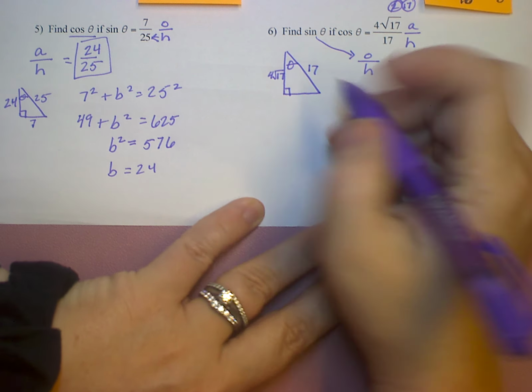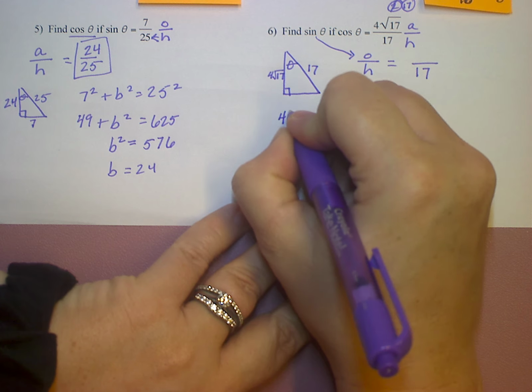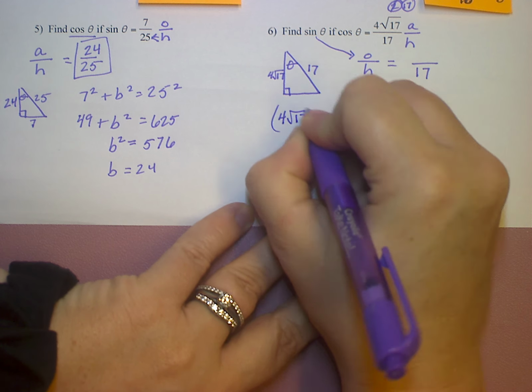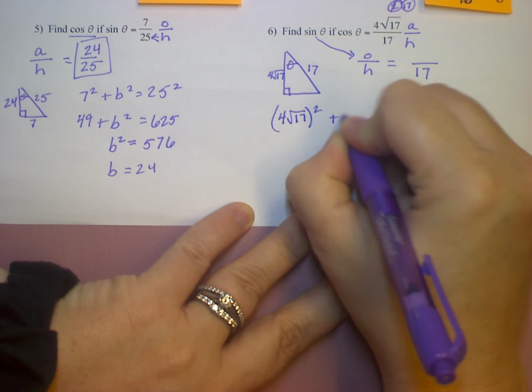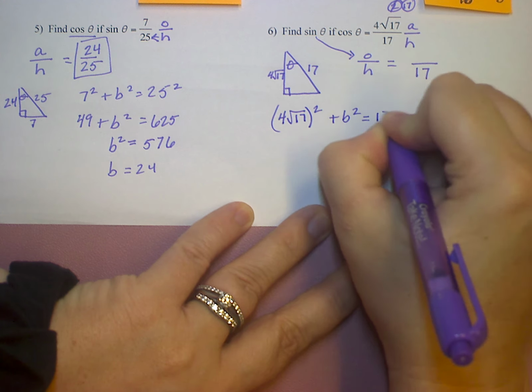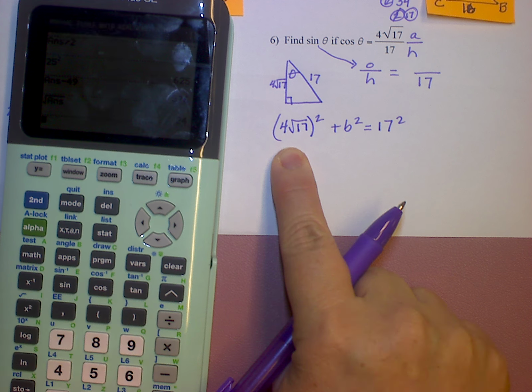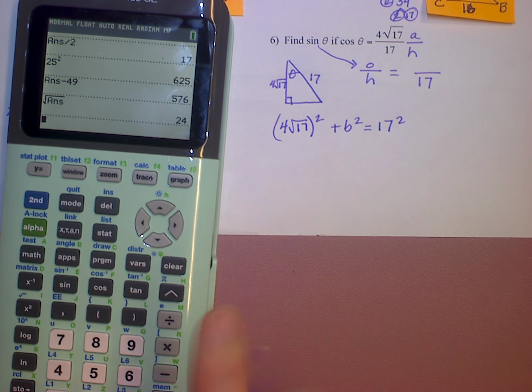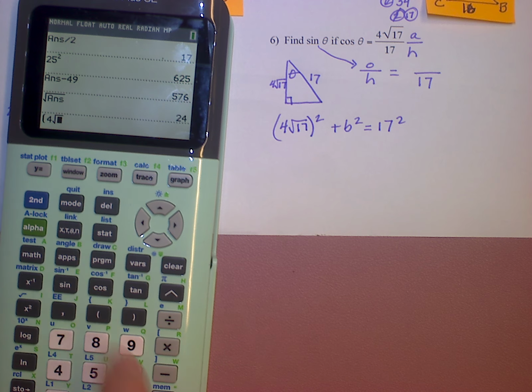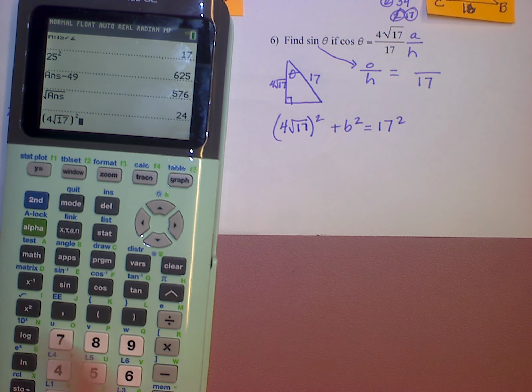Okay, let's see. Now keep in mind when you're squaring 4 rad 17, you have to square both the 4 and the 17. The easiest way is whatever calculator you're using, type it in parentheses. But if you type it in parentheses like that, it will square both for you.